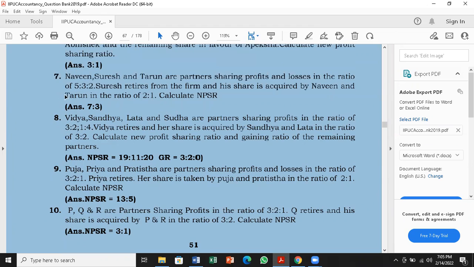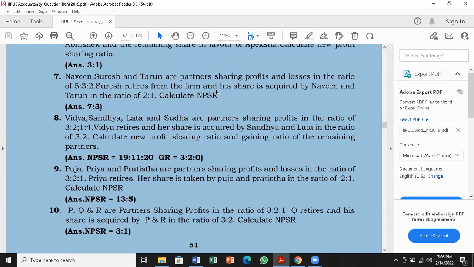Problem number 7. Naveen, Suresh, and Tarun are partners sharing profits and losses in the ratio of 5:3:2. So it is an old ratio. If you add all the three, 5:3:2, it becomes 10. So 5 by 10, 3 by 10, 2 by 10. Next, Suresh retires from the firm. Suresh is the second partner, remember. Suresh will go, which means Naveen and Tarun will remain in the business.